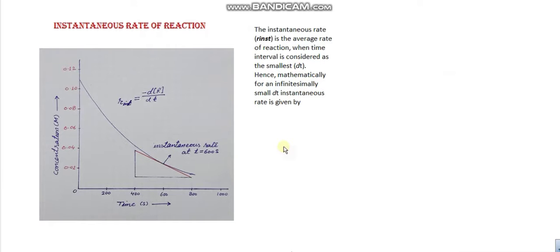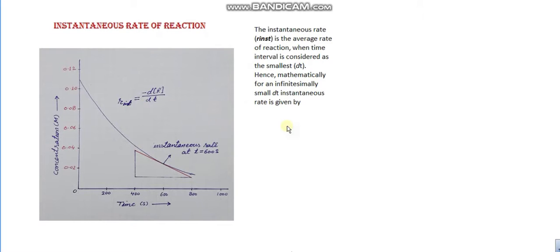So with the help of this diagram we can understand what is instantaneous rate. So rate instantaneous is the average rate of reaction when time interval is considered as the smallest, that is delta t, means when time interval is very very small. So mathematically, for an infinitely small dt, instantaneous rate is given by this here.